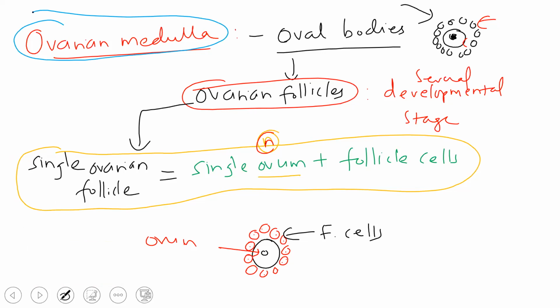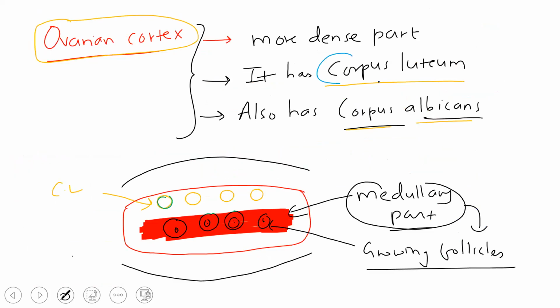These follicle cells secrete estrogen. It's a female sex hormone. Corpus luteum, which we will talk about further, can secrete relaxin and progesterone.